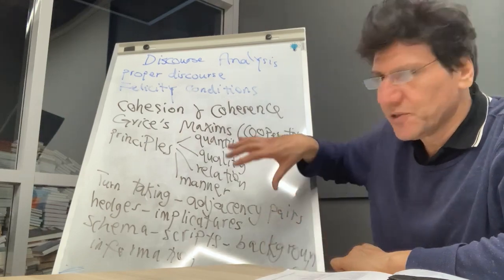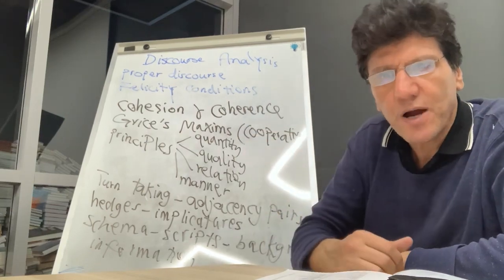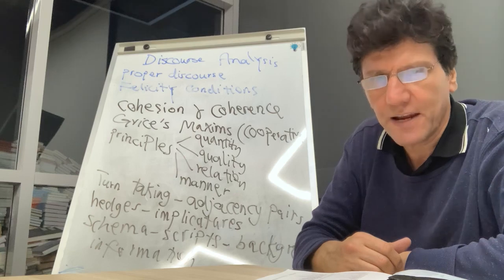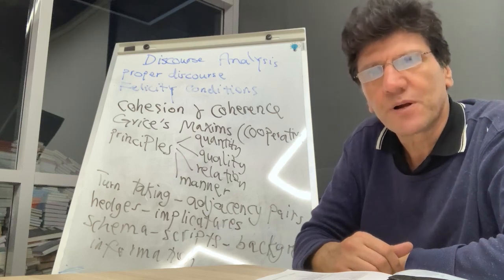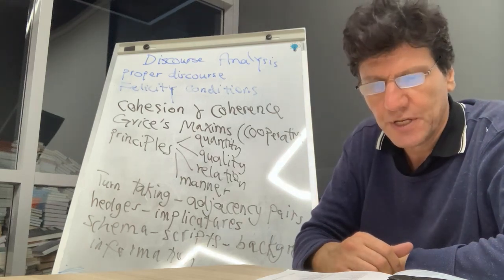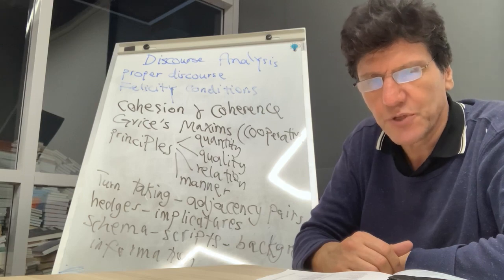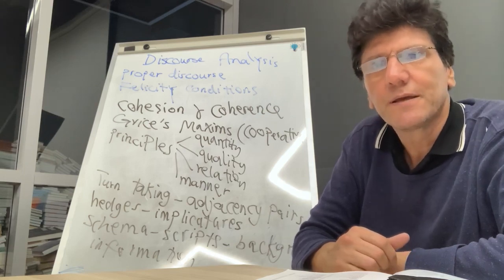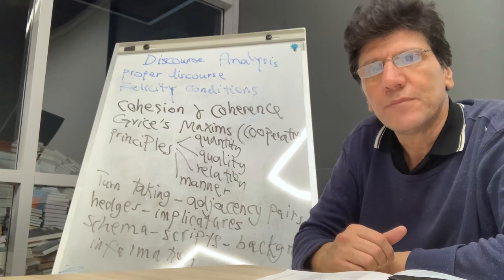And these conditions and these concepts must not be violated so that we have proper communication or proper discourse, in a way that there is no misconception, no misunderstanding, and no misjudgments.